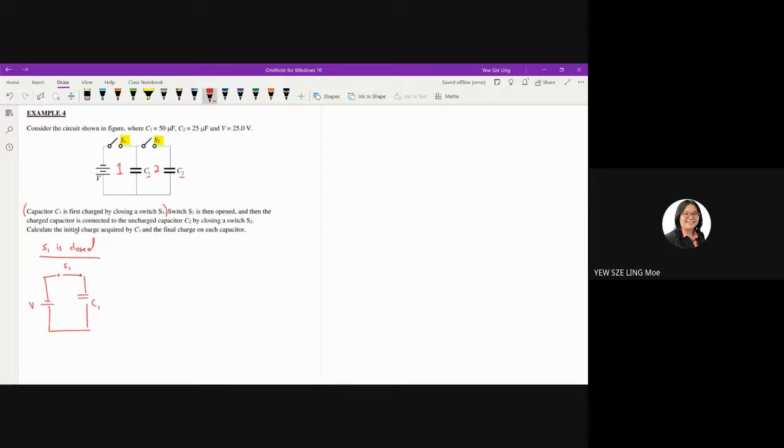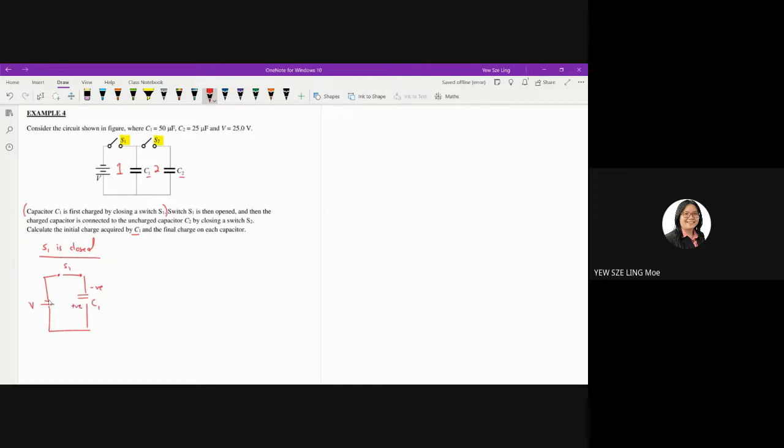If you look at the question now, calculate the initial charge acquired by C1 and also the final charge on each capacitor. So we want to see how much charge can be stored in C1 when S1 is closed. When you charge up the capacitor, this one would be the negative plate and here would be the positive plate.